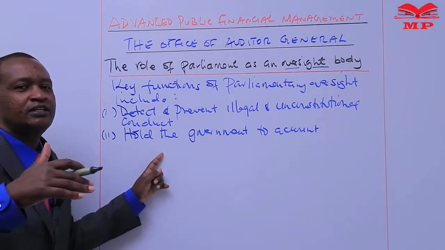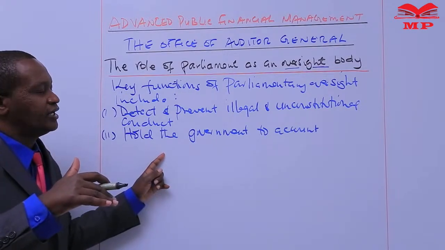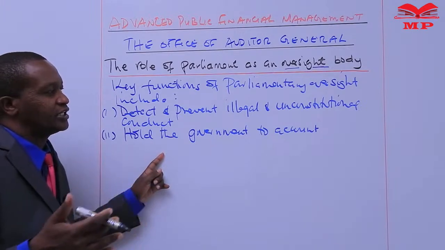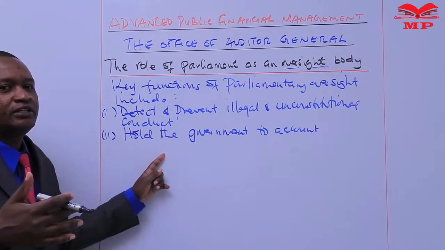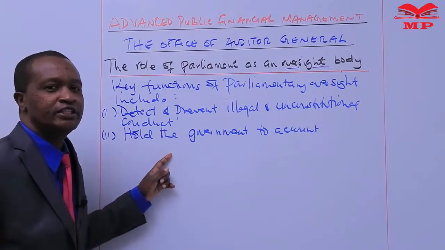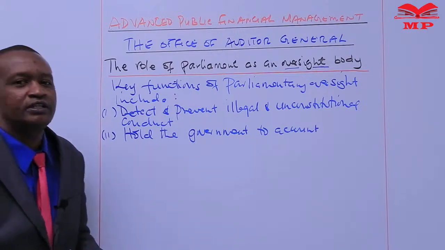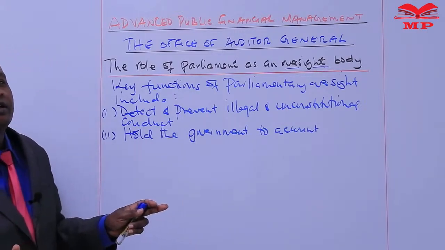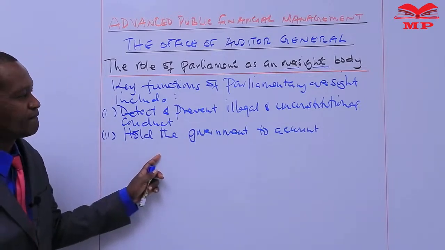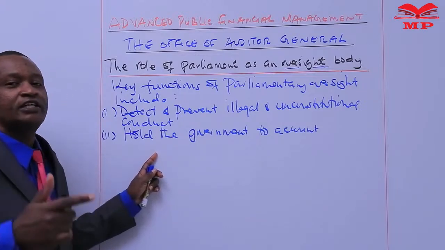And candidates, therefore, we can say, by detecting wastages within the government and the government agencies, that leads to improvement of efficiency, improvement of effectiveness, improvement in the economy, and also efficiency of government operations. That is a key function of parliamentary oversight.